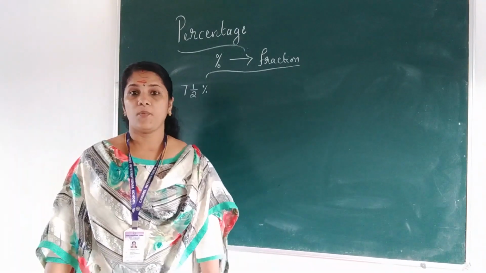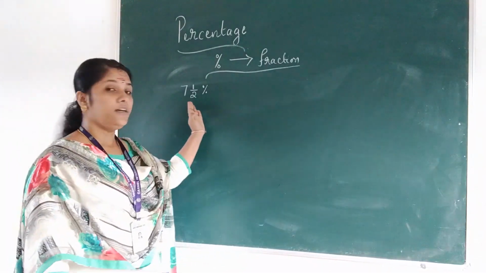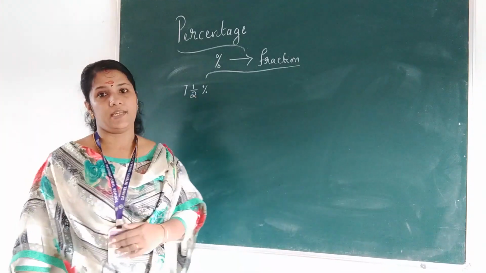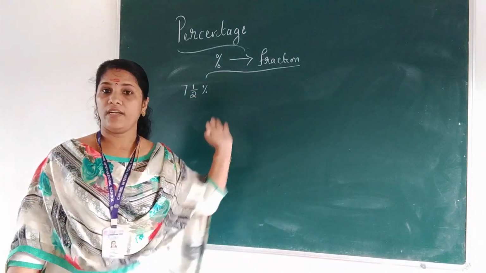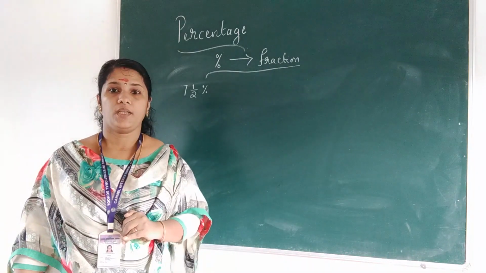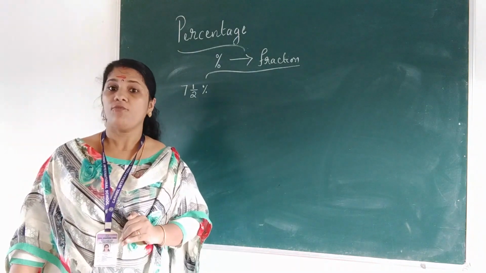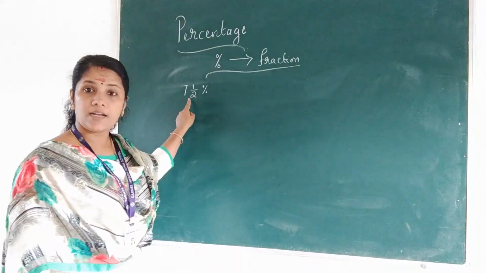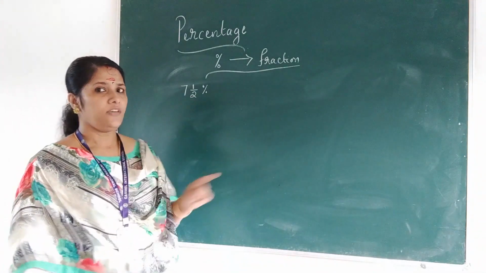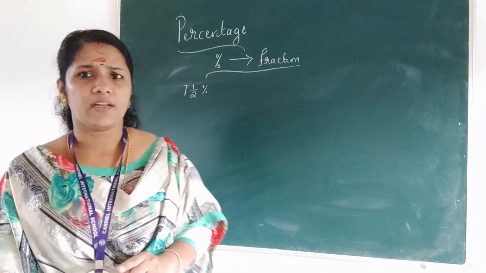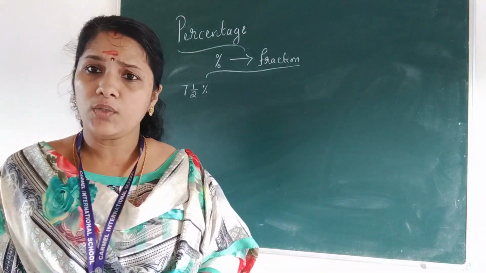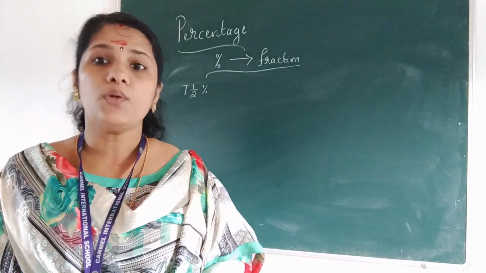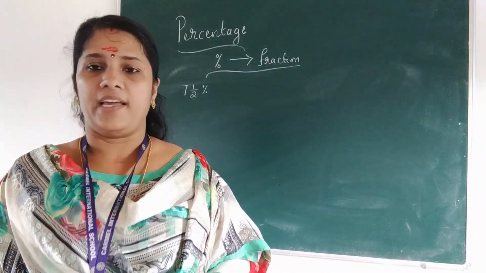Let us do another problem. Here one mixed number is given, 7 1 by 2%. We have to convert it into fractional form. The same procedure we need to repeat. But before that, here comes the mixed fraction. If a mixed fraction arises, what will we do? Yes, we will convert the mixed fraction into improper form, correct?